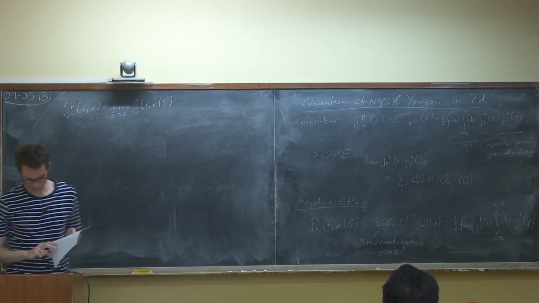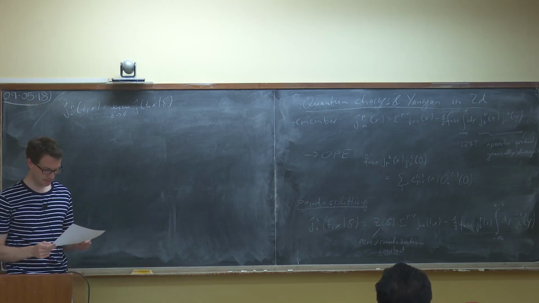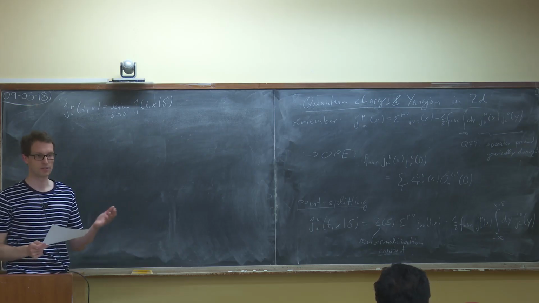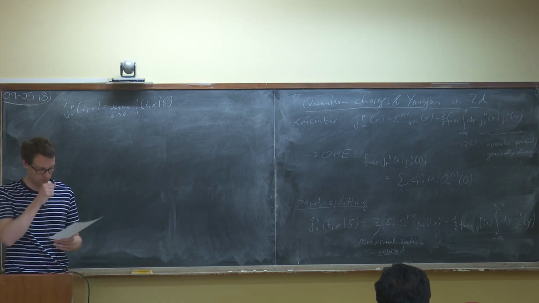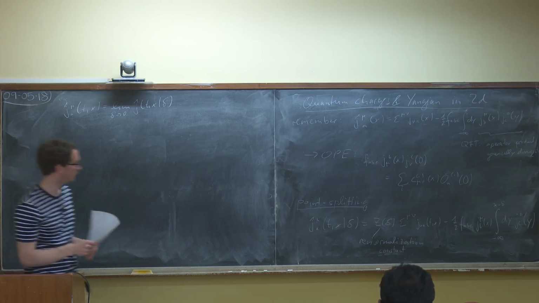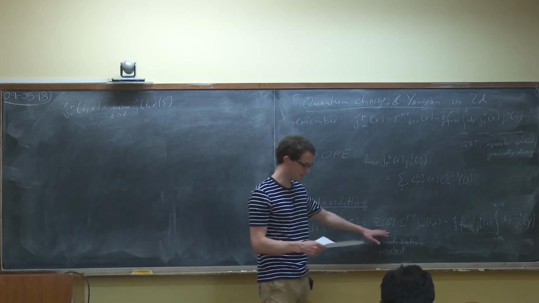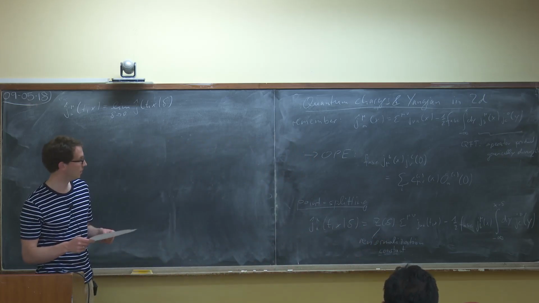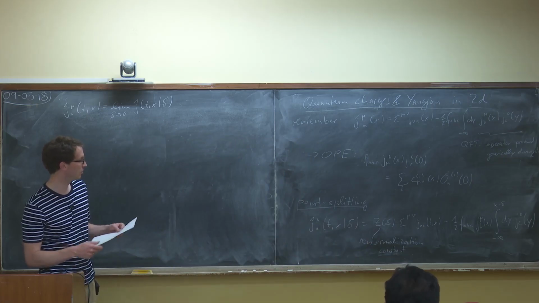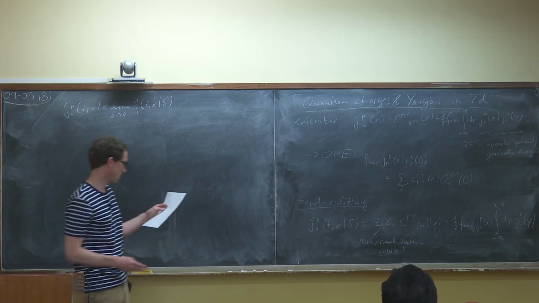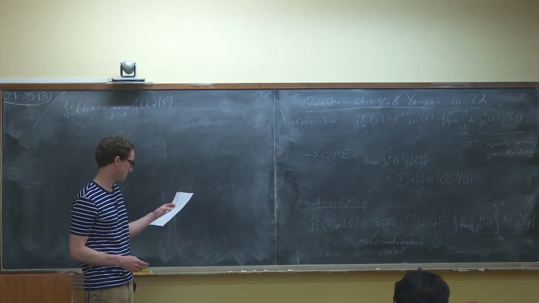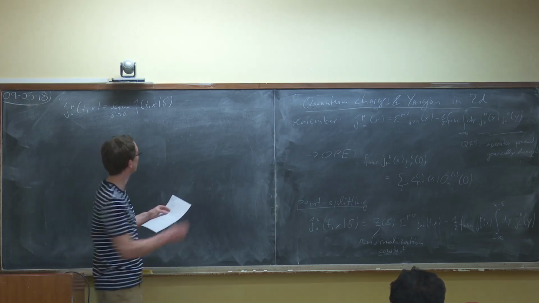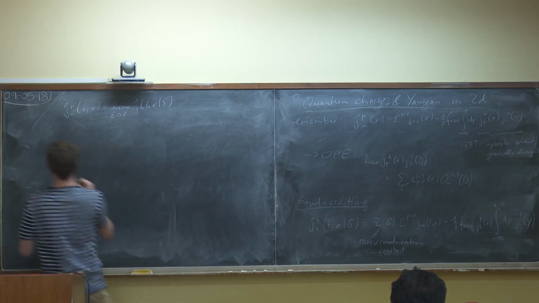I can do this explicitly, for instance, in the context of the Gross-Neveu model. One can find explicitly what this delta will be and how this regularization looks. Let me quickly sketch this.